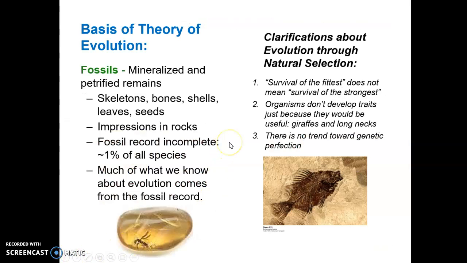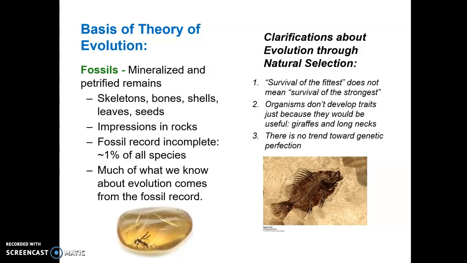Okay, so for most species, we really can't just look at them in a petri dish and see how they change over time because they reproduce much more slowly. So we're going back millions and millions and millions of years. So how do we base this theory of evolution? It came basically from the study of fossils. Fossils are organisms or parts of organisms like their shells or bones that have become mineralized.